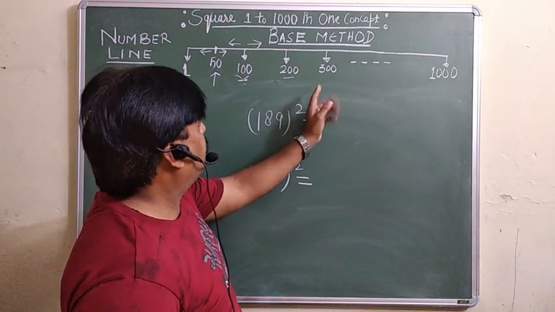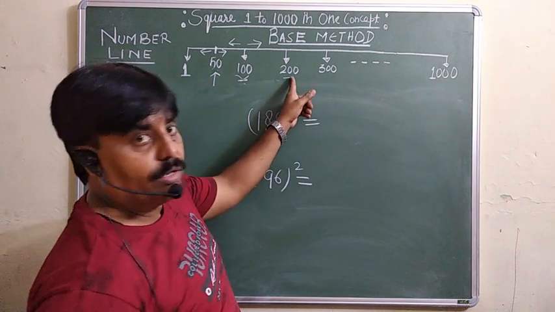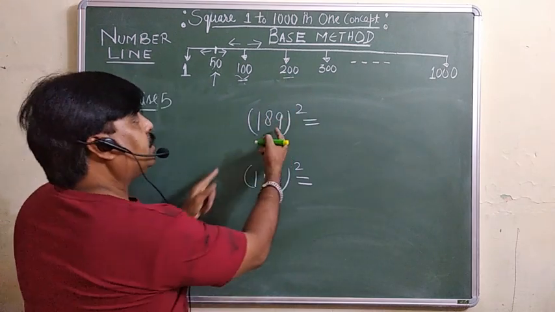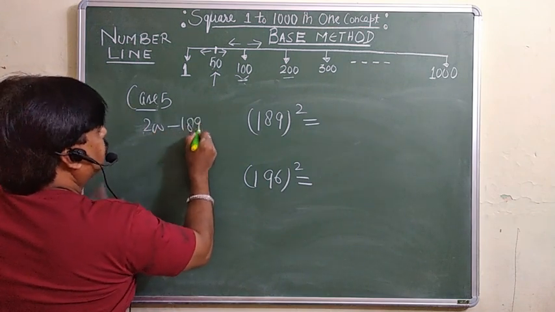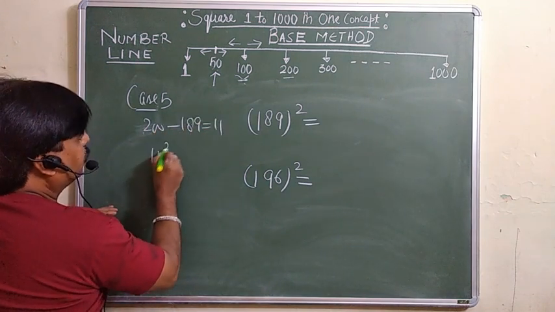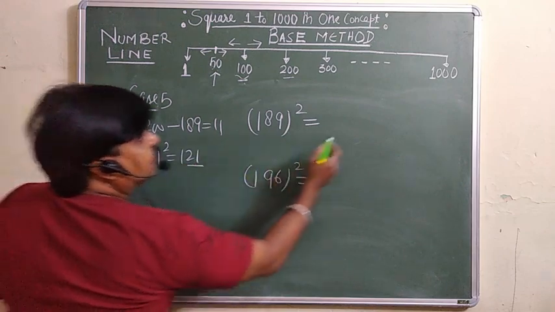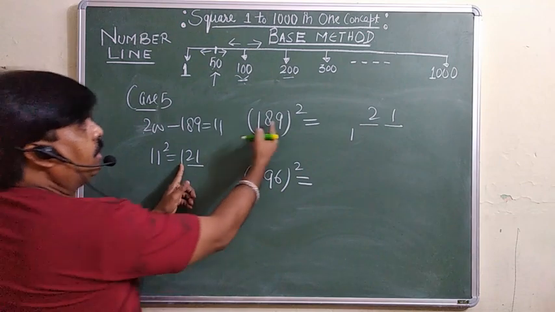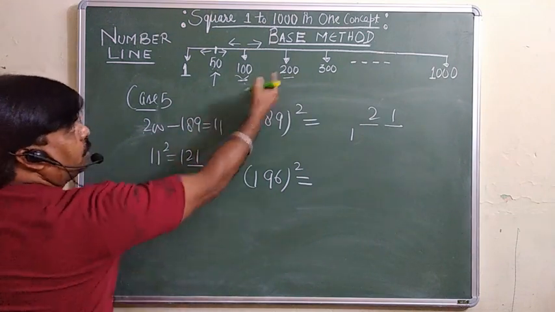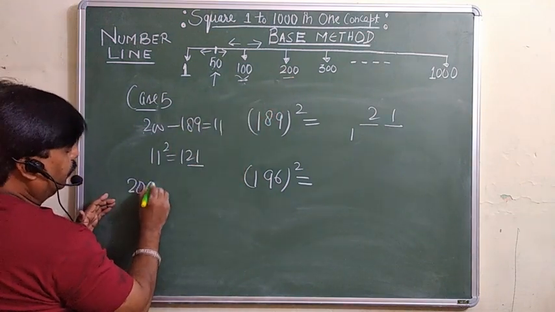Now, if the number is less than 200, the same method applies. Take the difference: 200 minus 189, 11. Do the square of this one. 121. The last two digits are 21, and this one will be the carry. Double of this 11, 22, must be subtracted from 200.